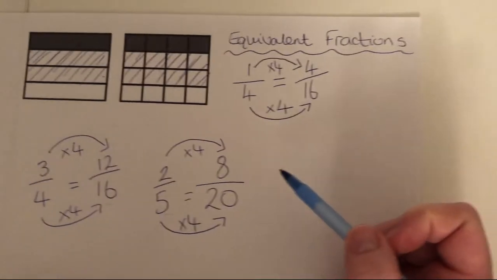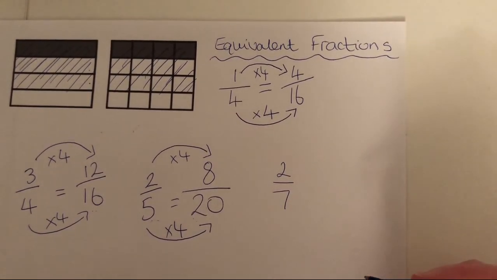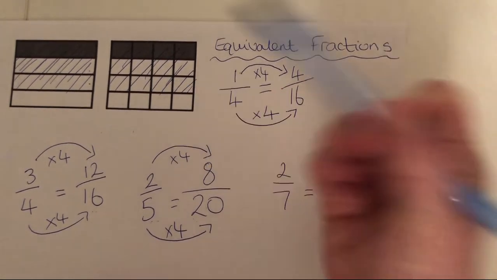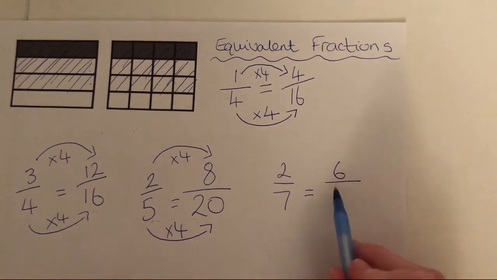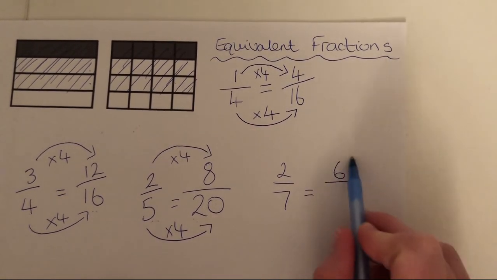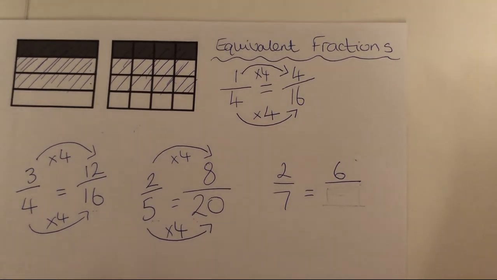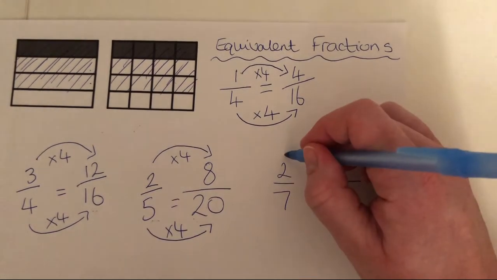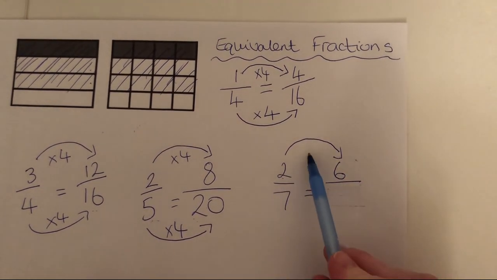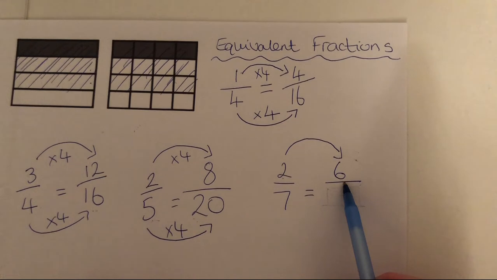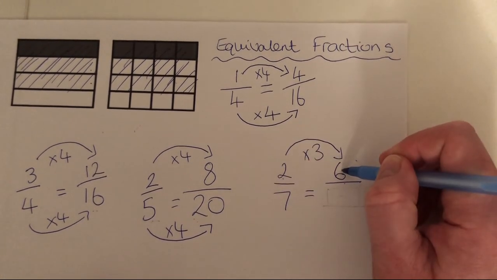Let's look at another one before we move on. So imagine I have 2/7. So I have a cake or a diagram split into 7ths, but this time they've only given me the numerator. I haven't got my denominator. You do exactly the same thing, except you start at the top with the numerator. 2 times what equals 6? 2 times 3 equals 6.